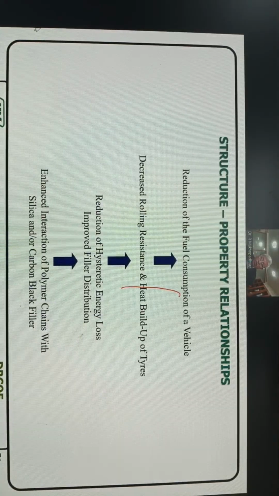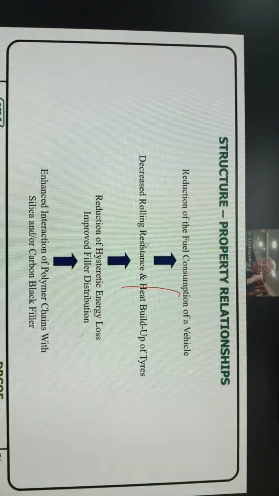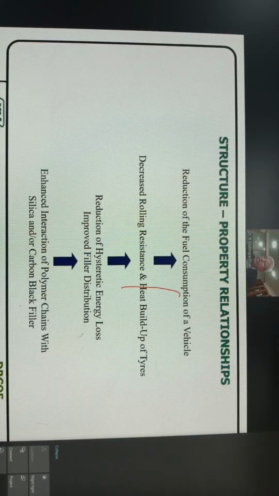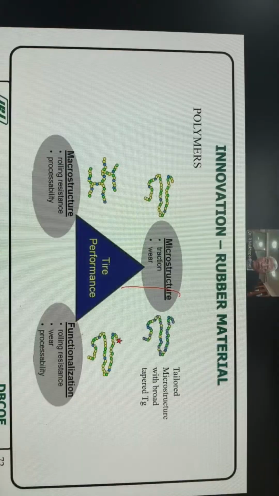If you go to that, how to do that? First is to enhance the interaction between the polymer chains and the silica or the carbon black. The polymer filler interaction has to be introduced, reducing the hysteresis property, decreasing rolling resistance, and reducing fuel consumption. Ultimately, polymer filler interaction plays a very important role in achieving better fuel efficiency.